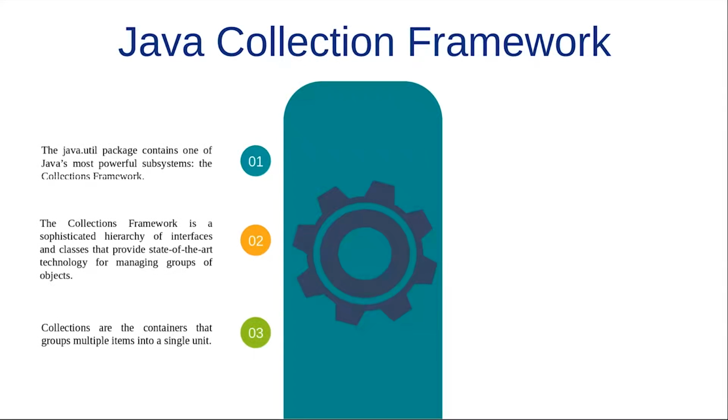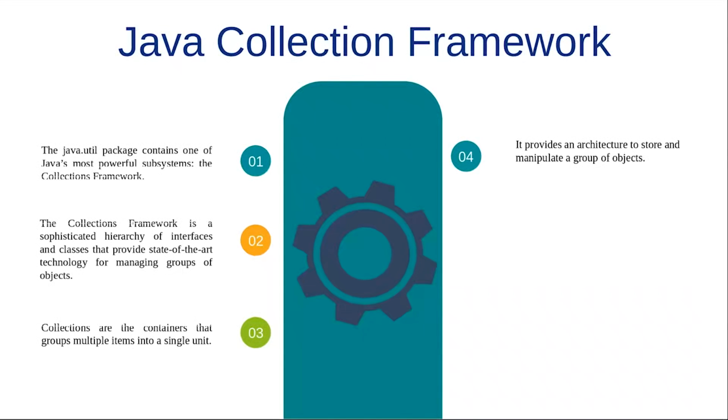Data has to be grouped and processed, and data is always a very important part of any language. That is why collections is also a very important framework of the Java language.